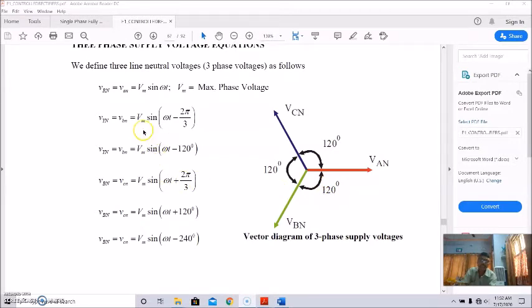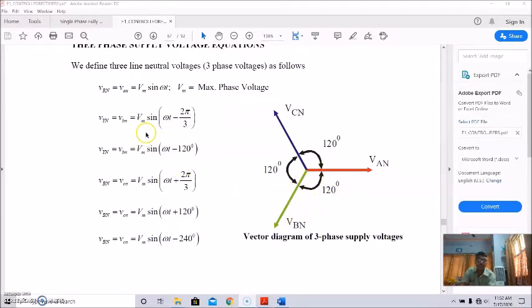So we can say if A, B, C are in sequence with R, Y, B, we can say VRN, which is equal to VAN, is equal to Vm sine omega t, where Vm is the maximum phase voltage. And VYN, that is VBN, is 120 degrees apart.